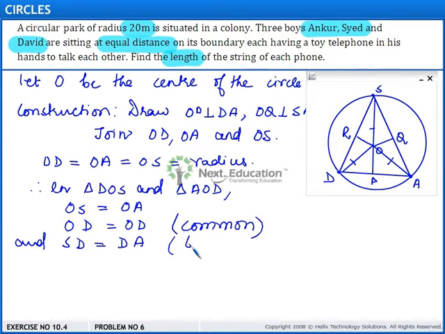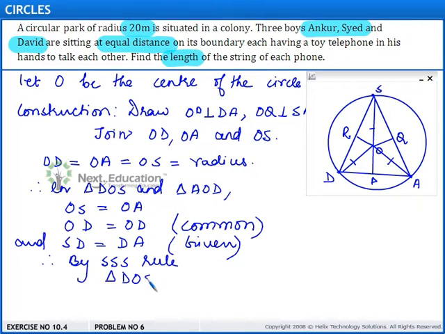This is given to us since the three boys are sitting at equal distance. Therefore, by side-side-side congruence rule, triangle DOS is congruent to triangle AOD.